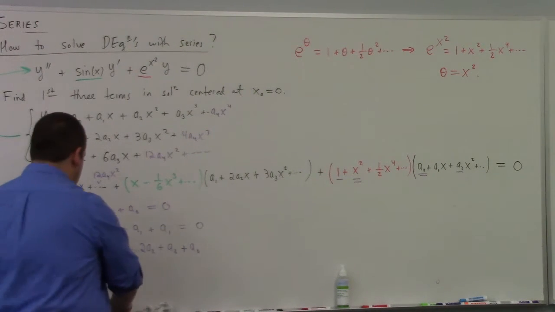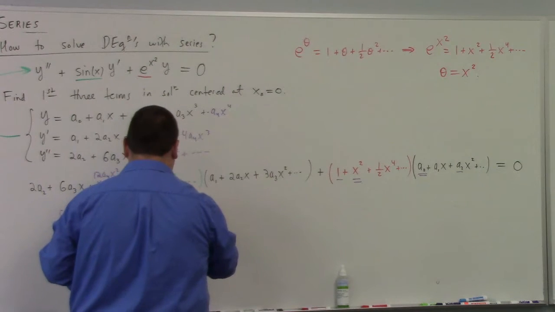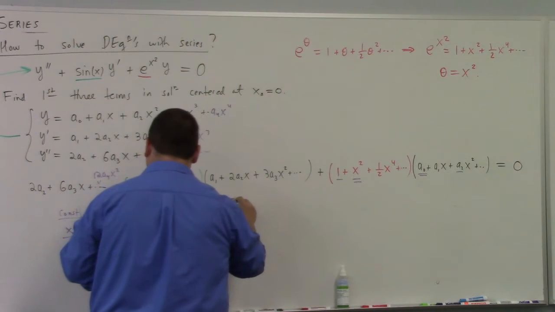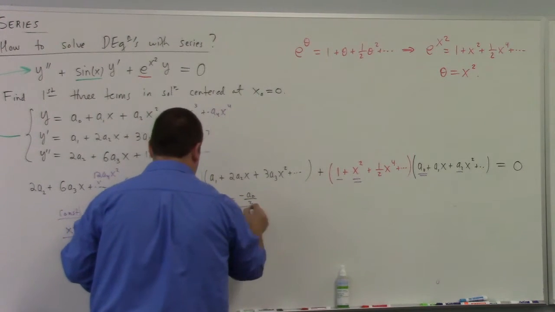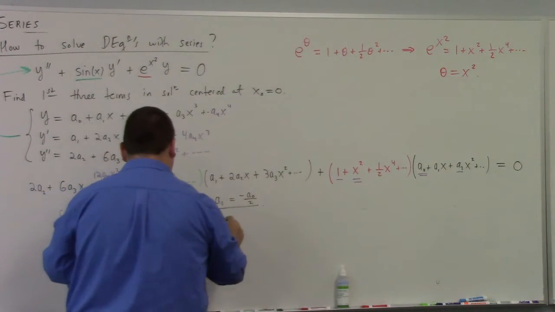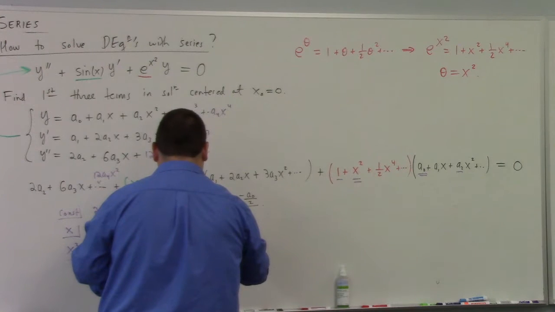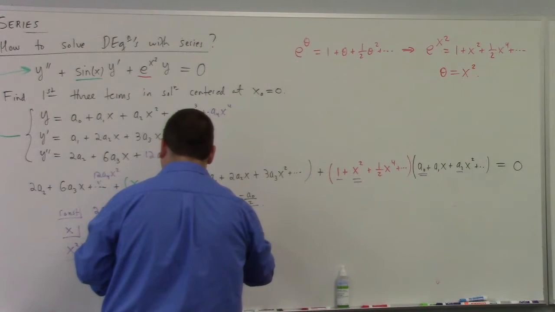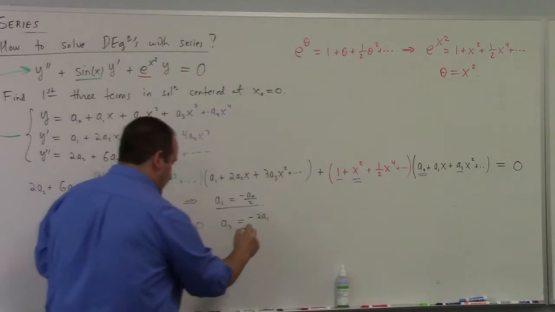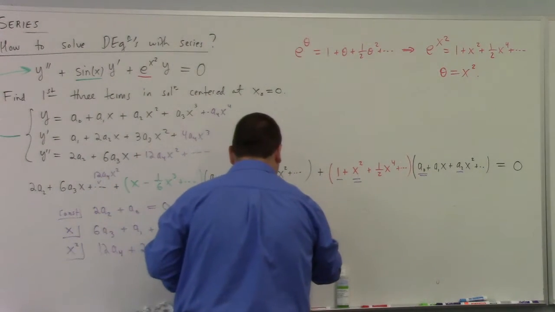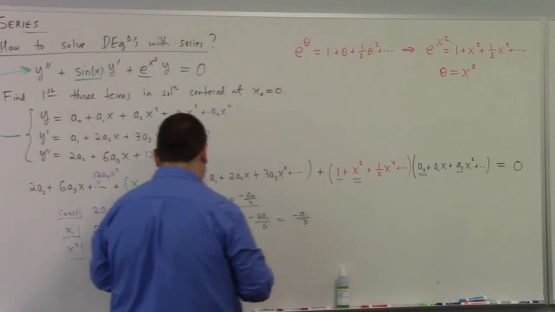So let's collect our thoughts. What this tells me is that a sub 2 is equal to minus a sub naught over 2. That's my first thing. This tells me a sub 3 is equal to minus 2a1 divided by 6, or if you like, minus a1 over 3.